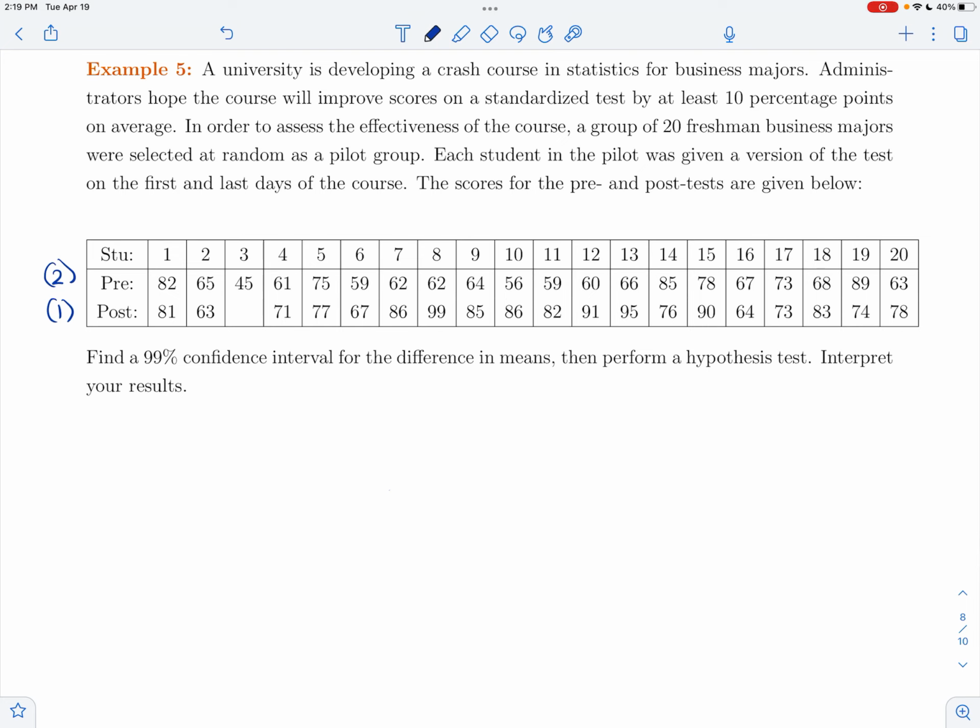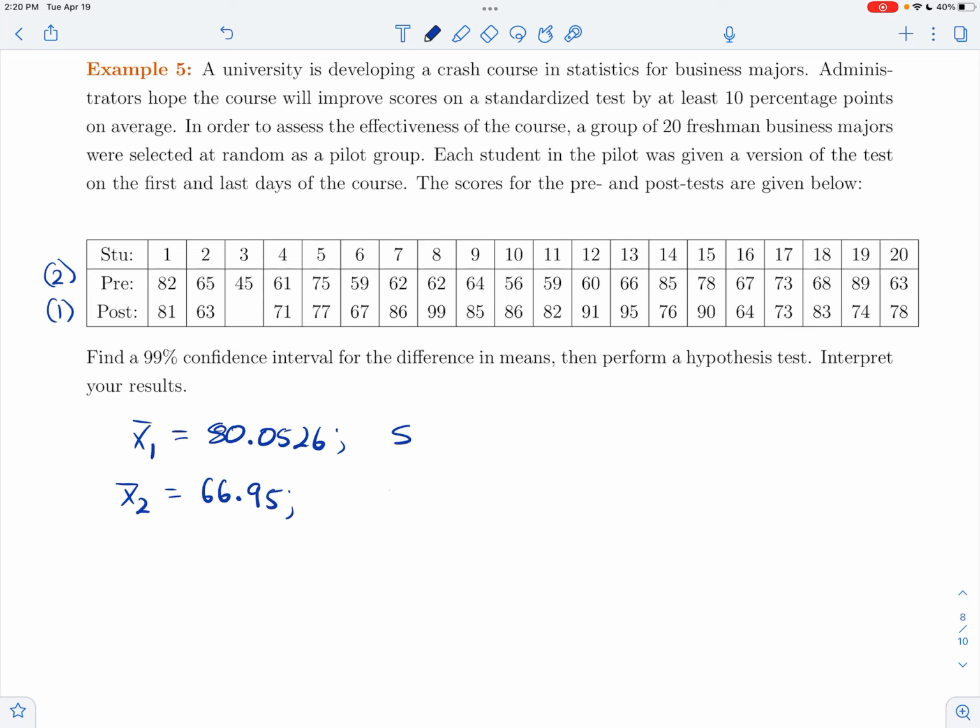So what are the pre-tests? So let's see. The x1 bar averages. We'll start with the post-test. x1 bar is going to be 80.0526. x2 bar is going to be 66.95.